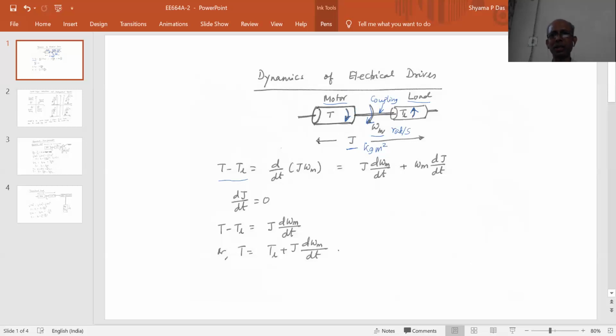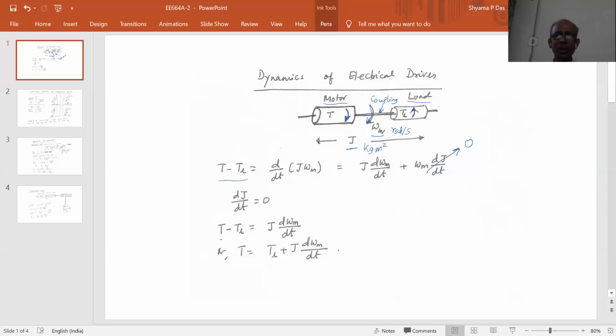We are not changing the motor or the load, the geometrical shape. So dJ by dt is 0, and what we finally get here is T minus TL equal to J d omega m by dt.